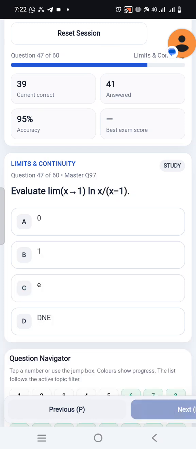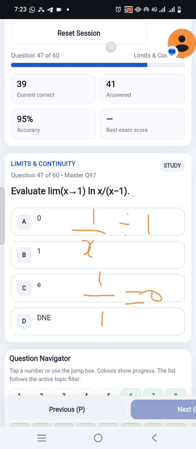So moving to the next one, we'll differentiate again. When you differentiate ln x, we are going to get 1 over x. When you differentiate x, it's going to give me 1. That is 1 over x. And if I differentiate the denominator, which is x minus 1, when I differentiate x, that is 1. When I differentiate the constant 1, that is 0. So that will be 1 all over 1. Did you get it?